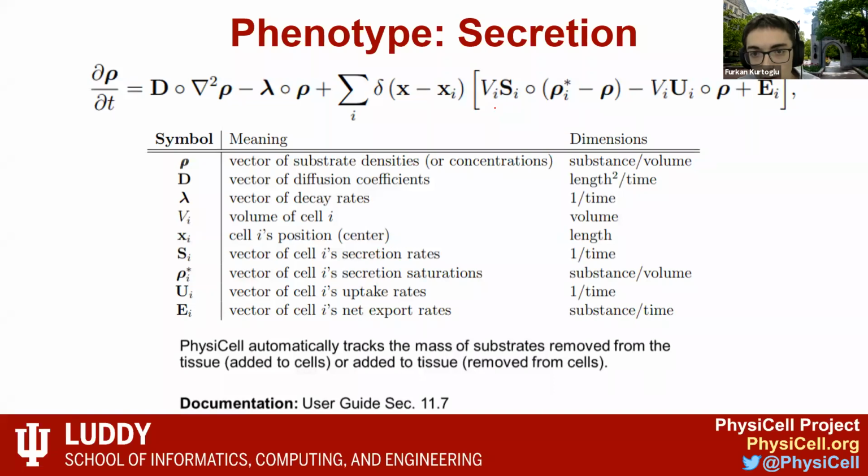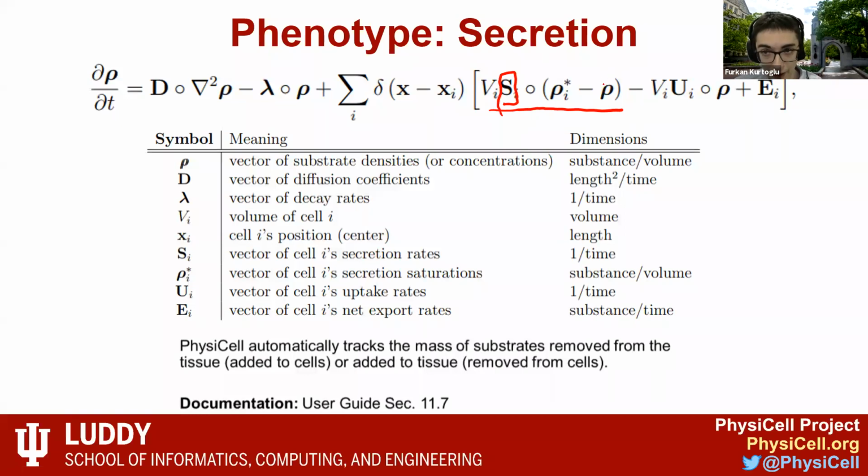As you can see, this is the secretion part. For the secretion, we have S, the secretion rate constant, which we call the secretion rate, in units of per time. And we have a saturation density, which is the maximum threshold of the concentration of the substrate in that voxel.